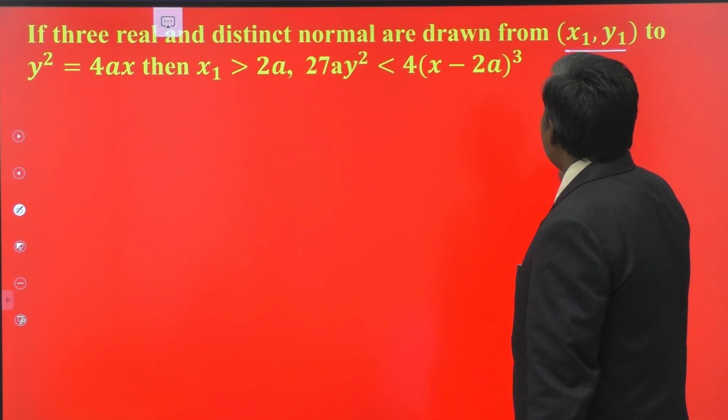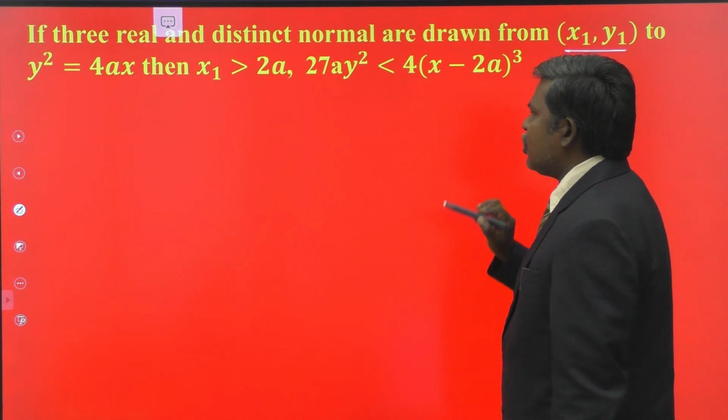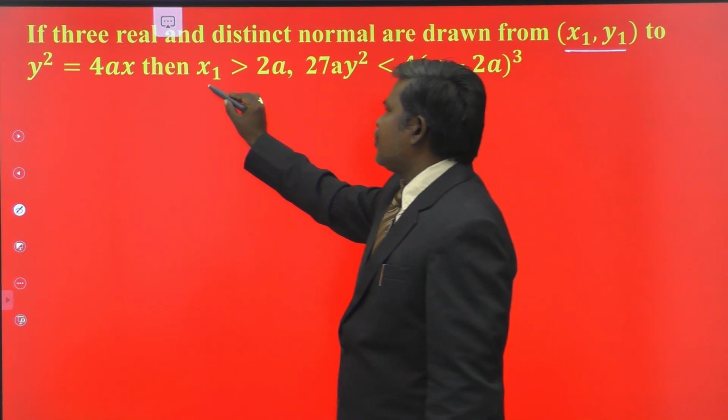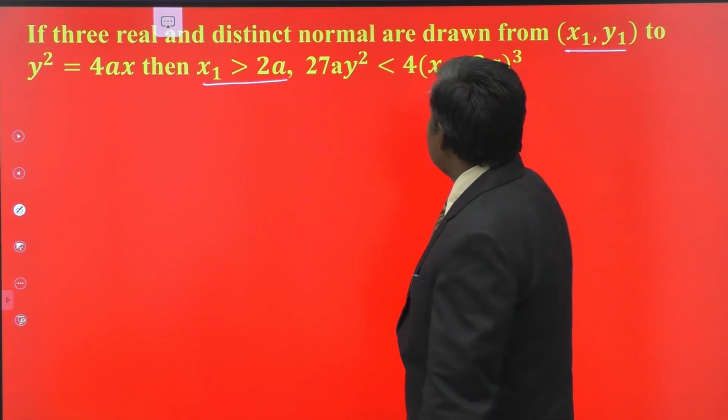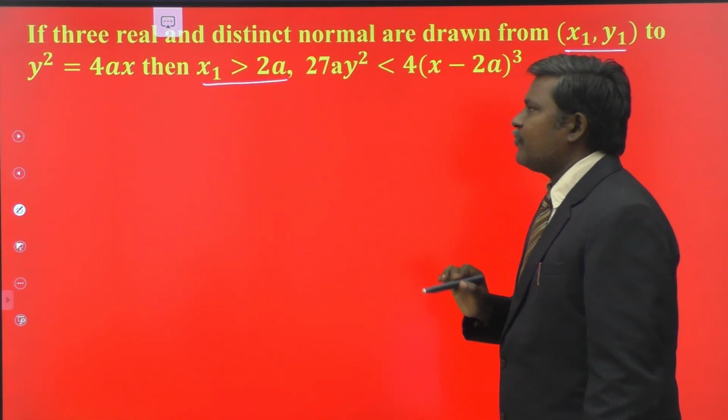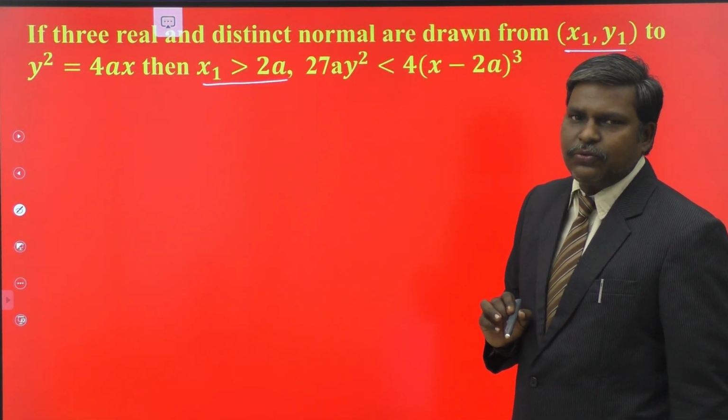If it is on the axis, y1 must be 0. At that time, this is the condition: x1 > 2a is enough. Suppose this is the general point in the plane of my parabola y² = 4ax.